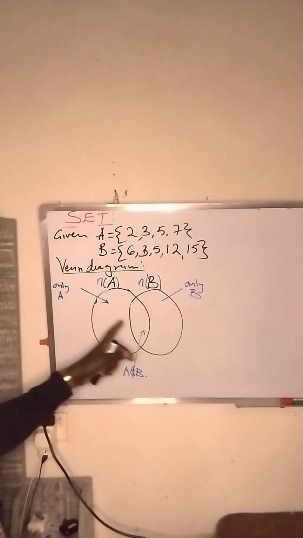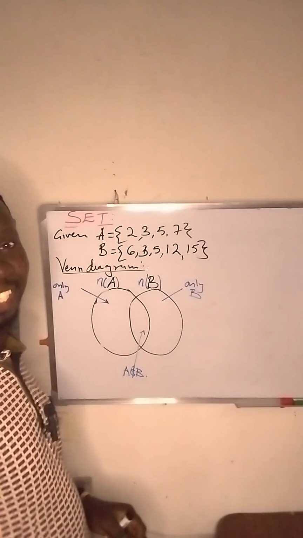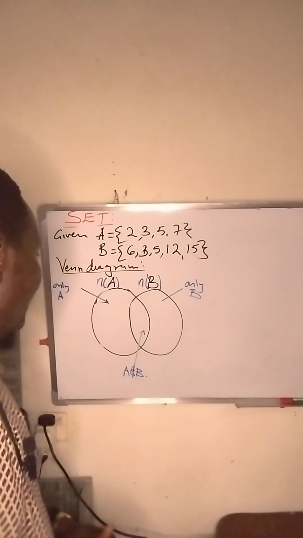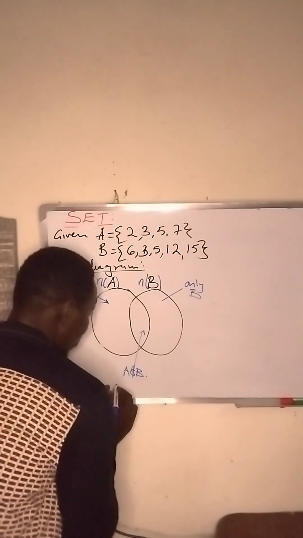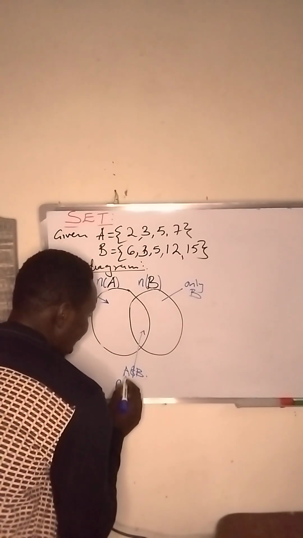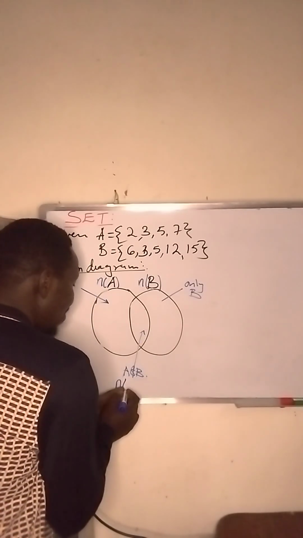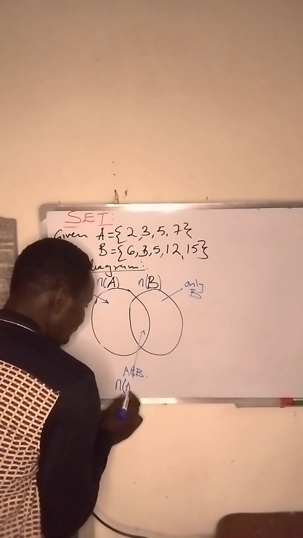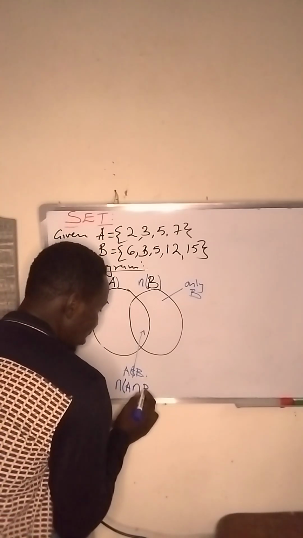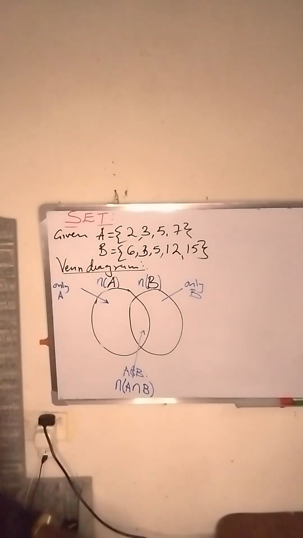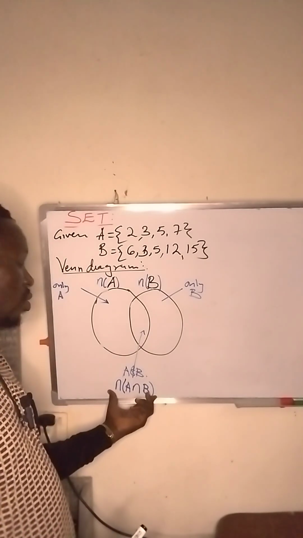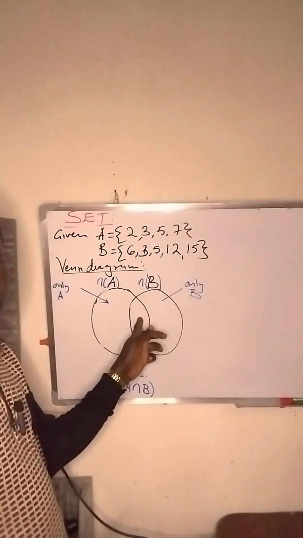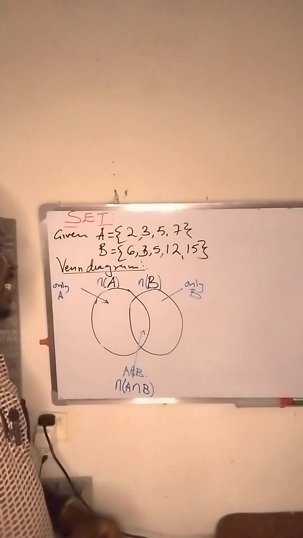How do we write B only? And how do we write A and B? I think all of us know. Those members in A intersection B are always found here in between the 2 sets.